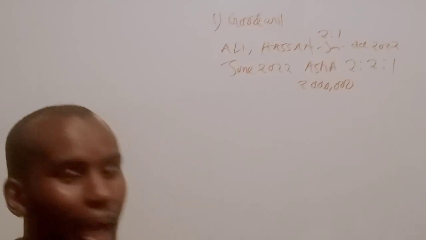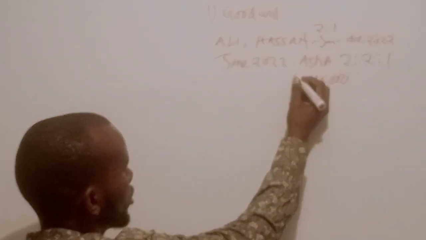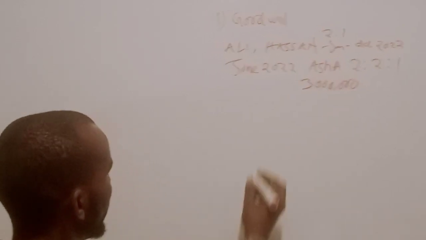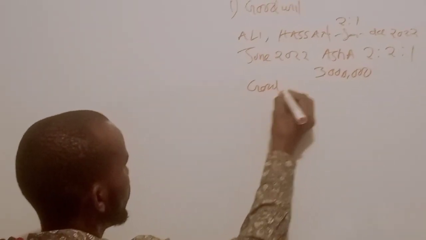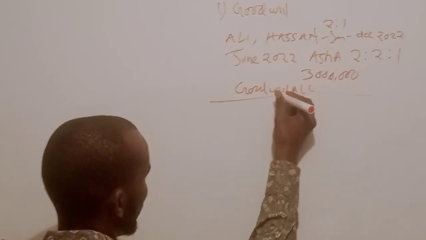Let's say Aisha paid a goodwill of 3 million. Now we are going to have a goodwill account. This 3 million will be shared by the previous partners.